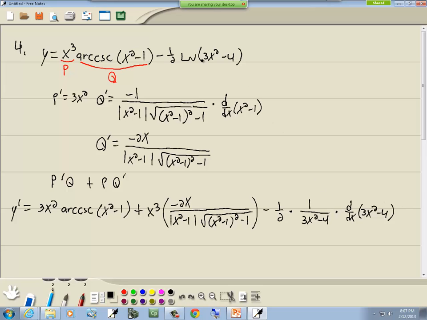So again, let me recap that. The derivative of natural log is 1 over whatever's inside the parentheses times the derivative of what's inside the parentheses.